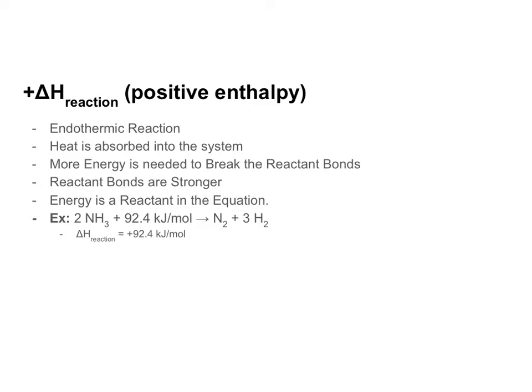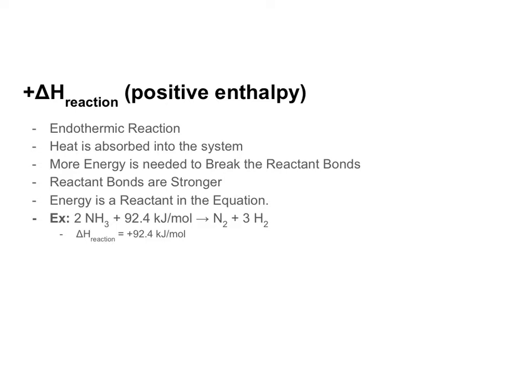So the example would be if I take ammonia and I separate it into nitrogen and hydrogen, I need to put in 92.4 kilojoules per mole of energy to break all of the nitrogen and hydrogen bonds present, and that amount of energy happens to be the energy that we put in.